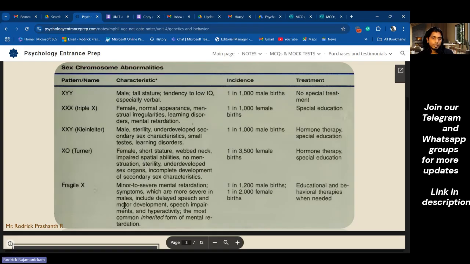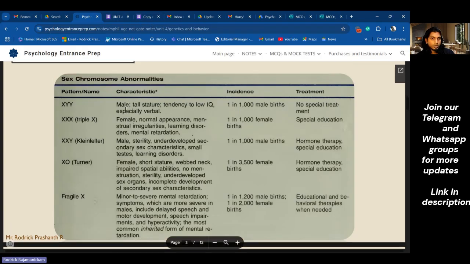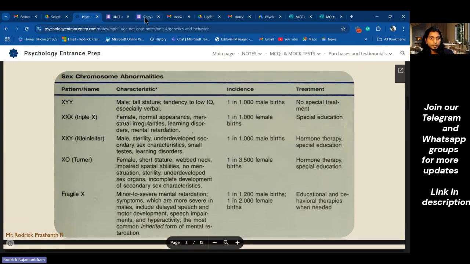All right. So Fragile X is where it could be either male or female. Most likely to be male because they just have one X chromosome, and if it is underdeveloped or not properly expressed, we can have Fragile X syndrome. Right. So these are the most likely sex chromosome abnormalities.